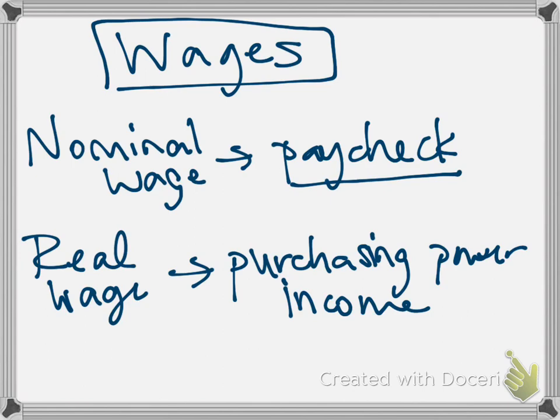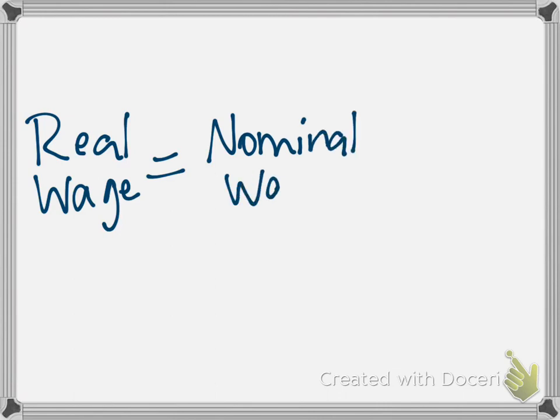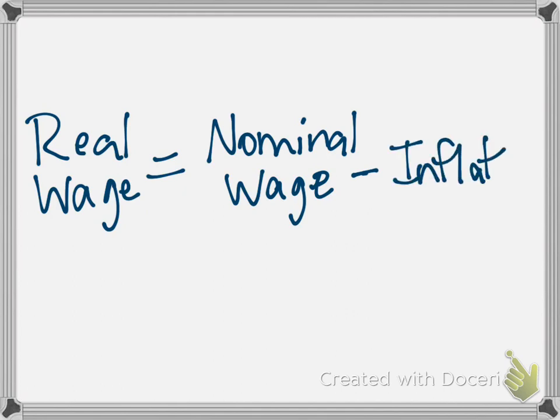And we actually have an equation that we can use to calculate these. We see that our real wage equals the nominal wage, again, that's what my paycheck says, minus whatever the inflation rate is at the time, okay?